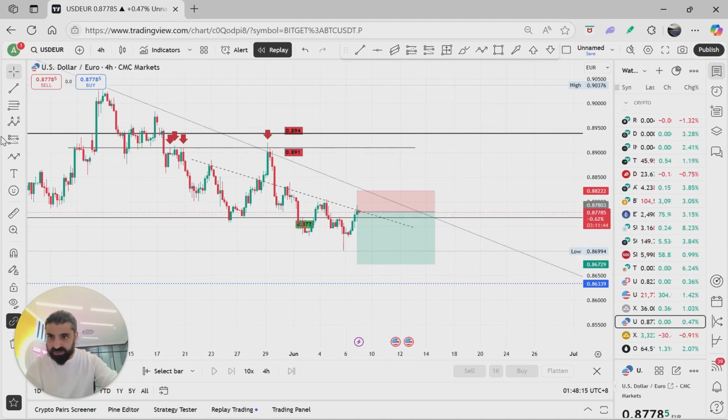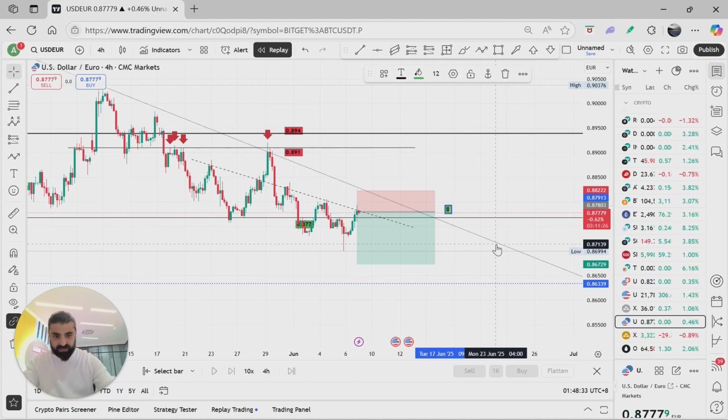So just so that we have numbers that we can refer to later on, we are talking about 0.878 is where we are going to open.